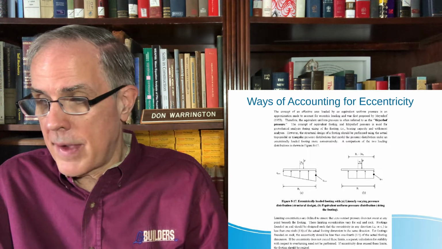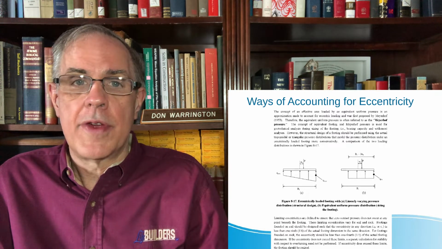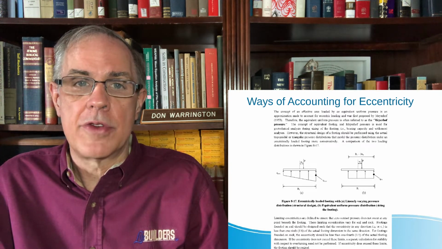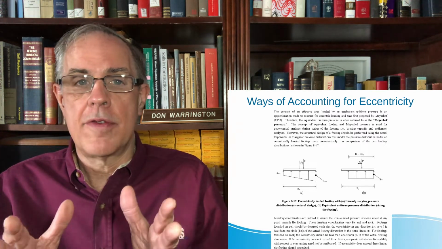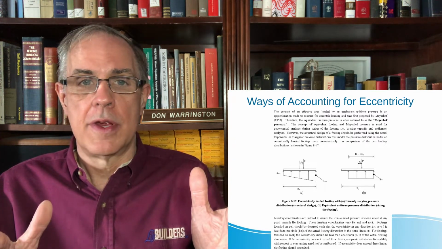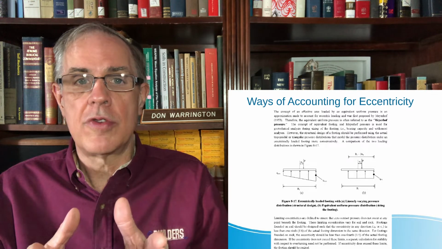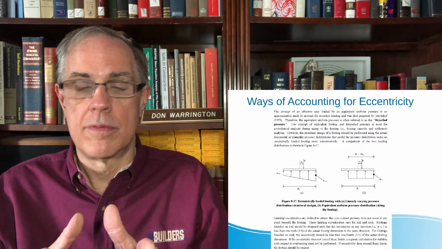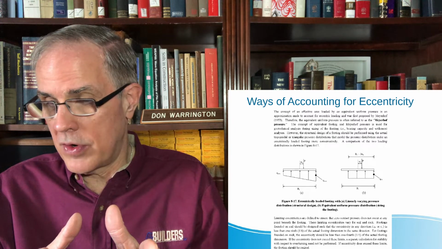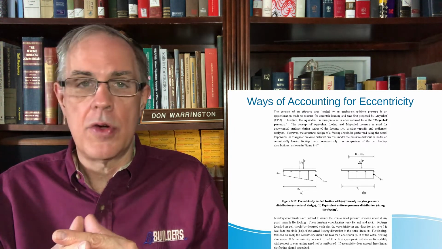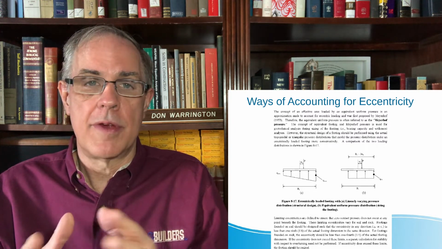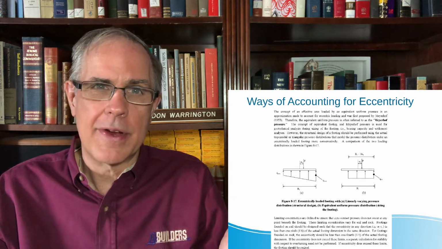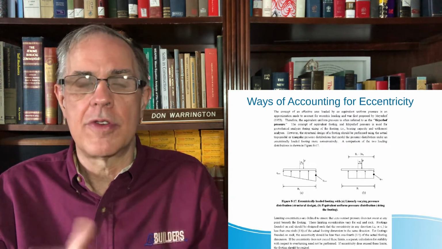I'm going to talk about that, but the reduced foundation size basically assumes that instead of a full-size foundation, the eccentricity reduces the effective size of the foundation. In other words, you have a way of transferring an eccentric load into a concentric load by reducing the size of the foundation.